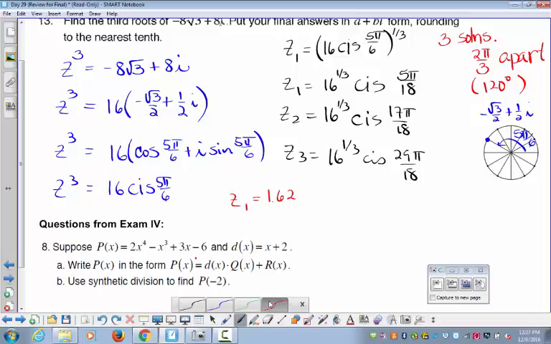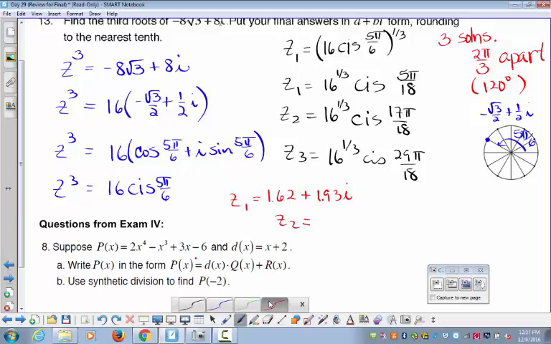And then sine of 5 pi divided by 18 gives 1.93 times i. There's your first one. Second one, same idea.